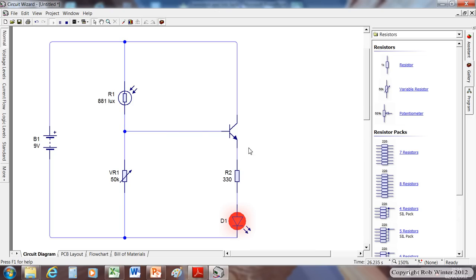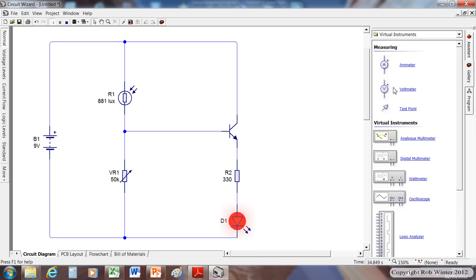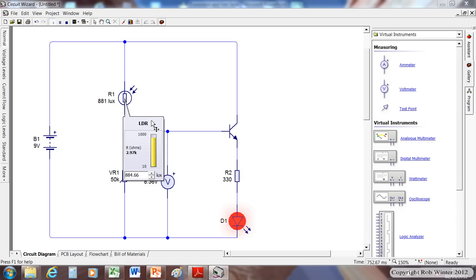I'm going to try and explain to you what's going on now and how this works as an electronic switch, and to do that I'm going to get a voltmeter. If you remember about voltmeters, how do you connect them? You connect them in parallel. So I'm going to measure the volts here and across there in parallel, and I want you to look at the voltage readings we're getting.